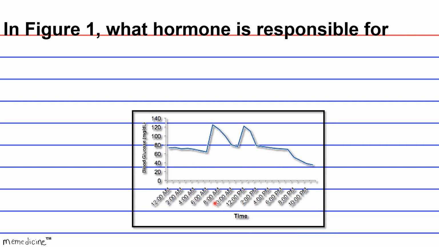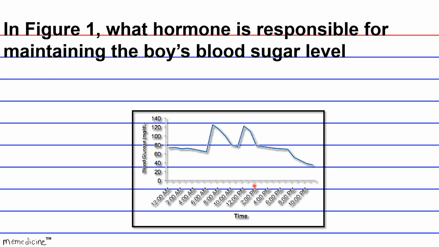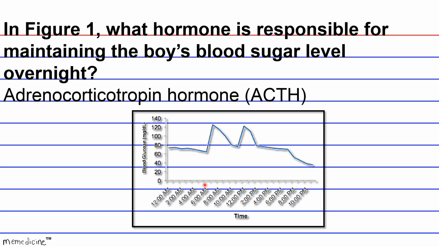In Figure 1, what hormone is responsible for maintaining the boy's blood sugar level overnight? So let's say from about 6 p.m. to 10 p.m., going onward to 12 a.m., all the way up until 6 in the morning. Is it A, adrenocorticotropic hormone, ACTH?